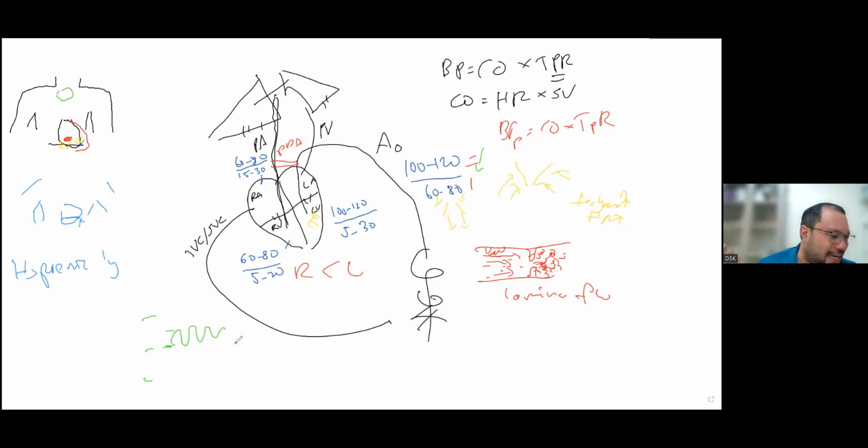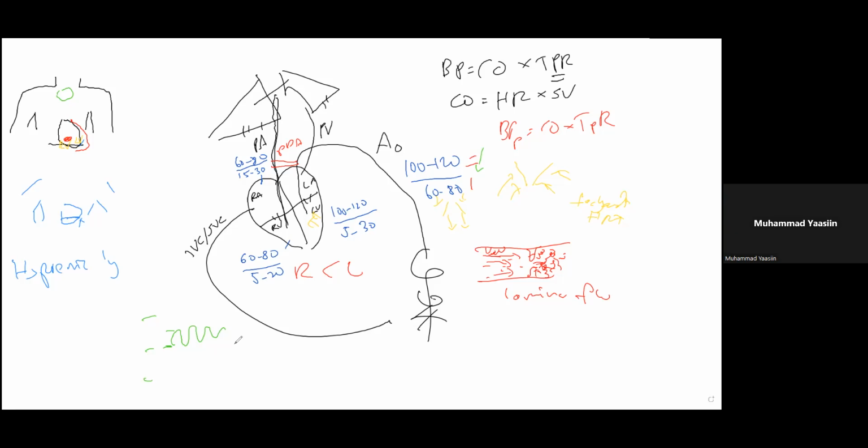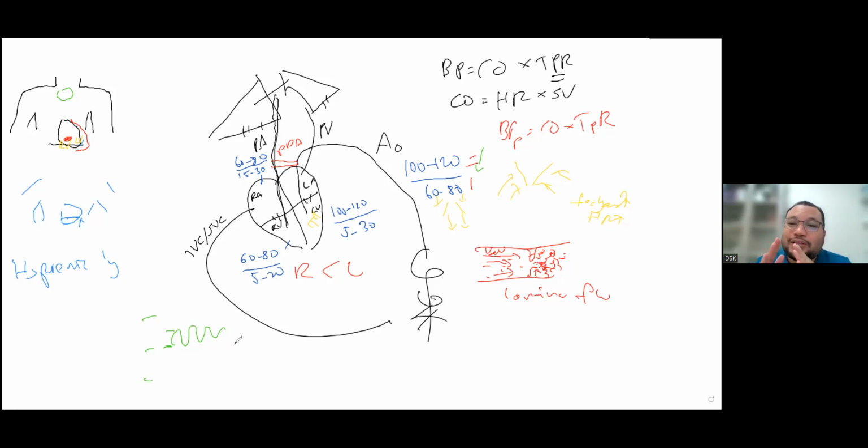So masa systolic tak ada bunyi. Masa diastolic ada bunyi tak? Ada. Sebab masa diastolic sepatutnya aortic valve tu tutup. Sekarang ni masa diastolic dia terbuka. That's why ada regurgitation. So you will have diastolic murmur.